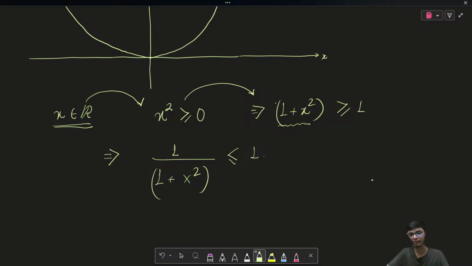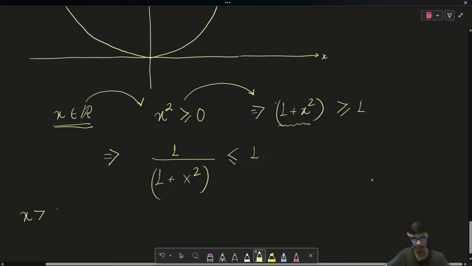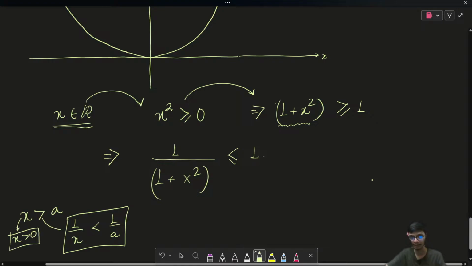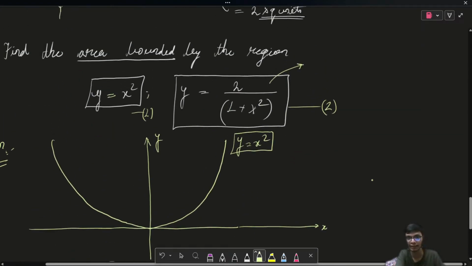Whenever we have a positive number greater than a, then 1 upon x is less than 1 upon a, if and only if x is greater than 0. Please note that if x is a positive number, then I can take the reciprocal and the sign of the inequality will change. That is something I have applied over here, and then I just need to multiply with 2.